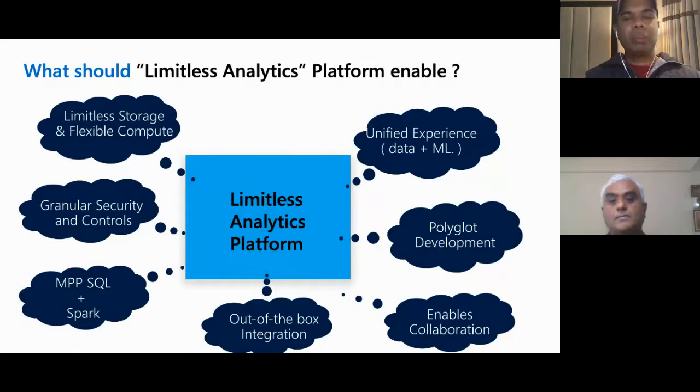We defined a little bit of what limitless is, but coming to the limitless analytics platform, we begin to bring in the data professional of the next generation. Our purview has been that the function between data scientists and data engineers within an enterprise is going to gray out.